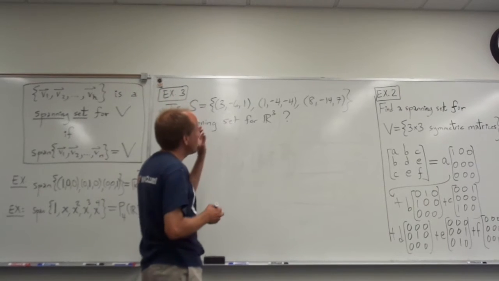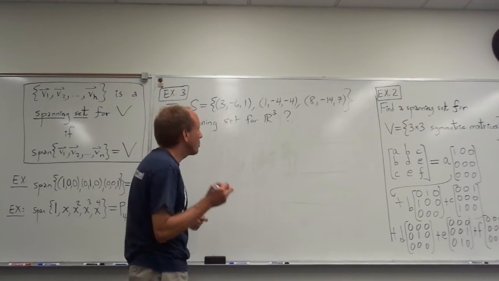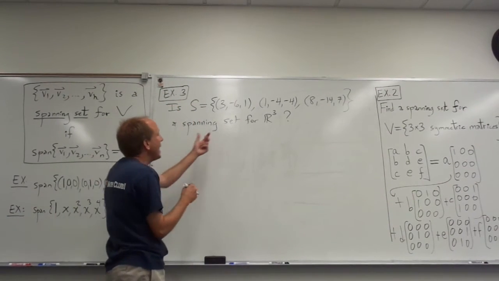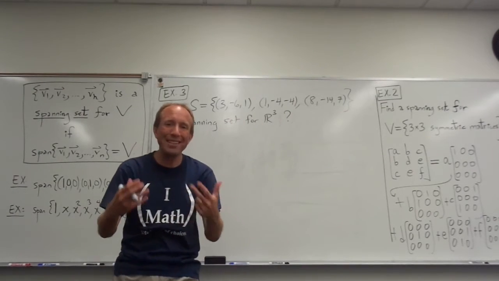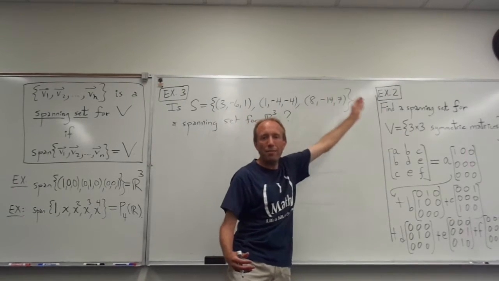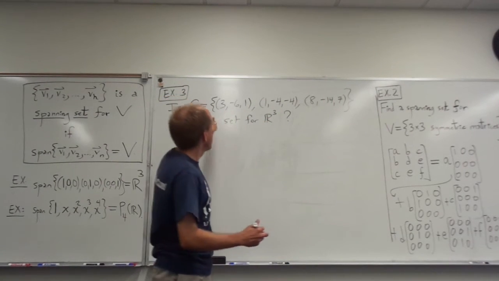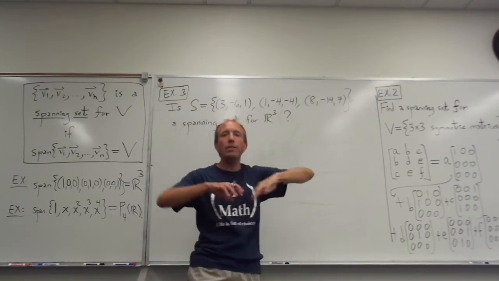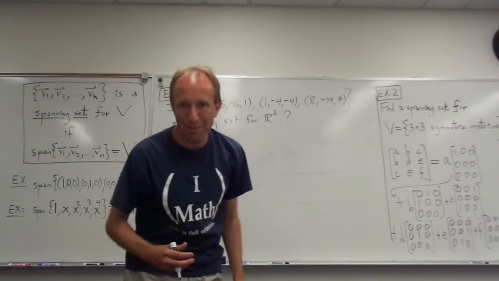Okay? So is it a spanning set for R3? In other words, what we're really asking is, can every single vector in R3 be expressed as a linear combination of these 3? In other words, the span of these 3, would it give me every vector in R3?